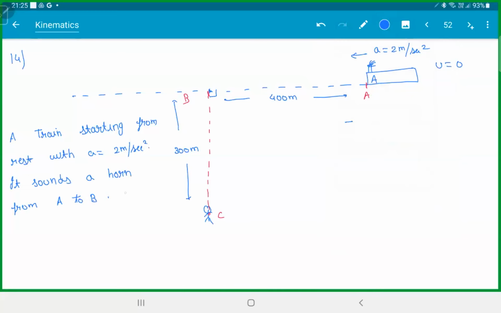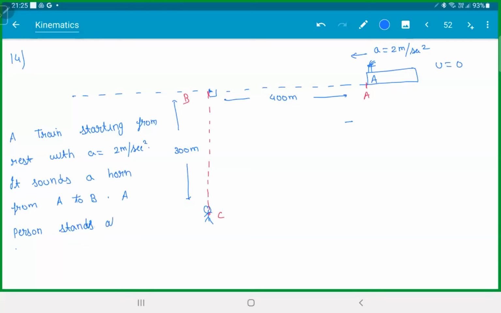And a person stands at C, and the B to C length is 300 meters and BC is perpendicular. The person standing at C hears the sound.